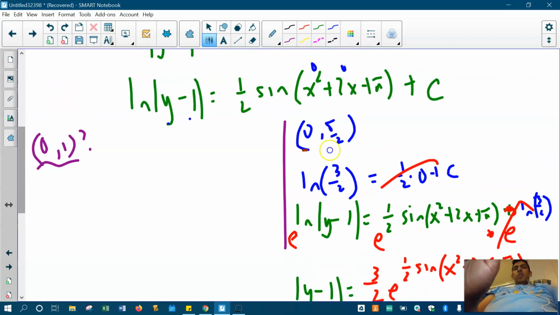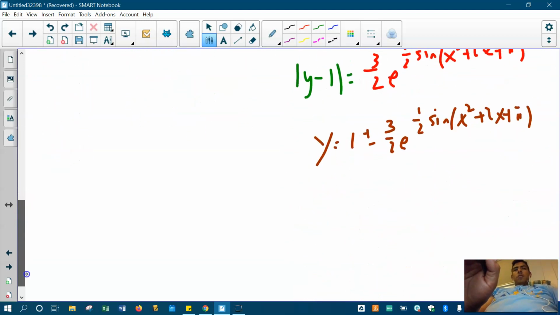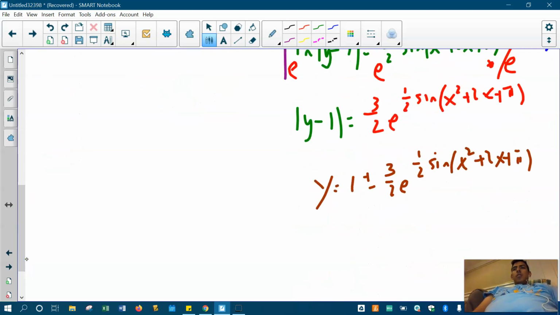The original point was 0, 5/2. So when I plug in 0, I need 5/2 out. So 0 plus pi is pi, sine of pi is 0. So this is e to the 0, which is 1. I have the option of 1 plus 3/2 or 1 minus 3/2. And I need a 5/2 out. So I want 5/2 total.